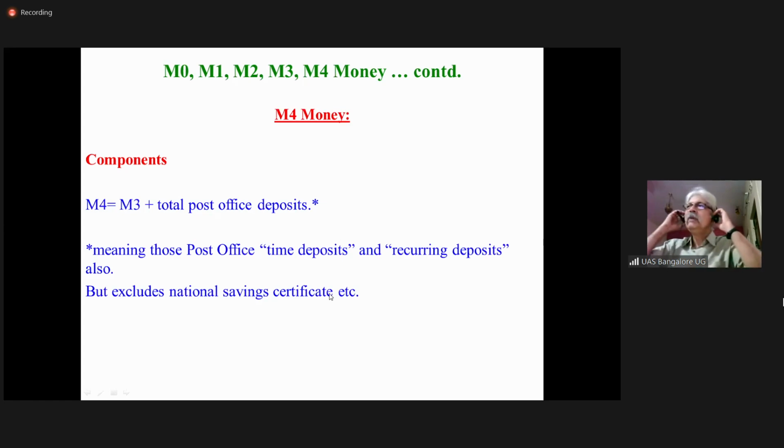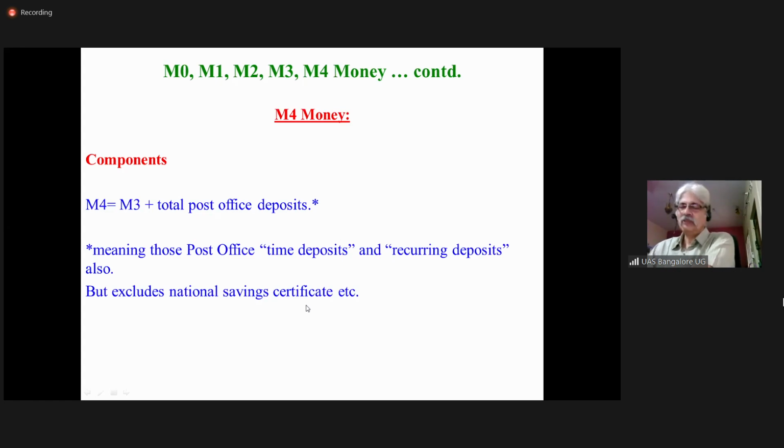Usually people deposit money in the post office in the form of national savings certificates. That means they purchase the national savings certificates. All of us used to purchase the NSC, National Savings Certificate, mainly to reduce the burden of income tax.